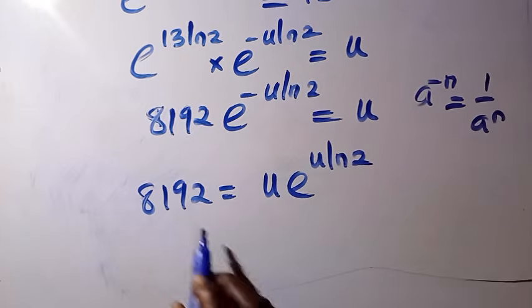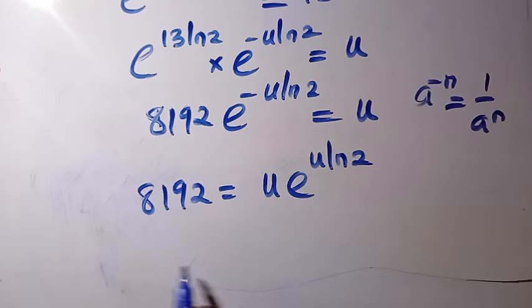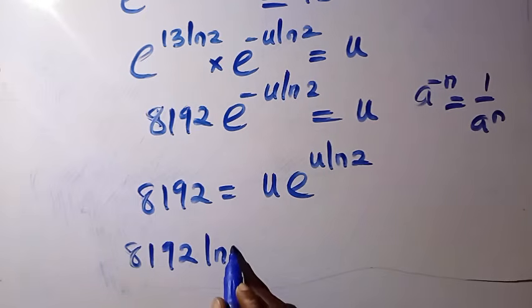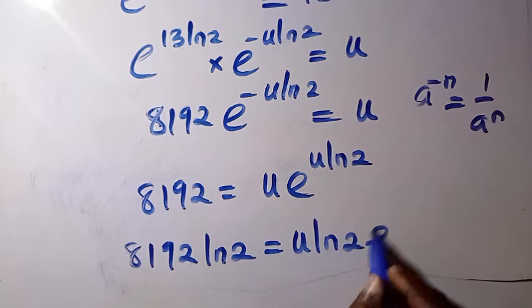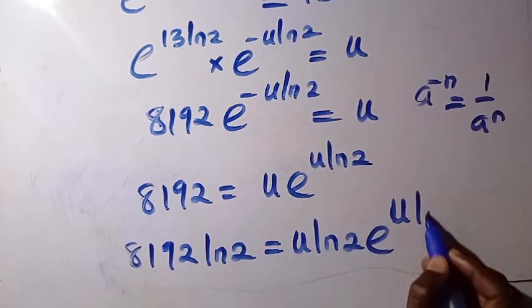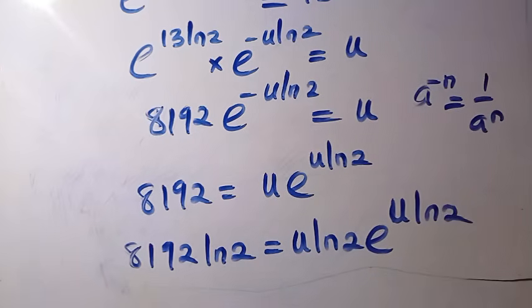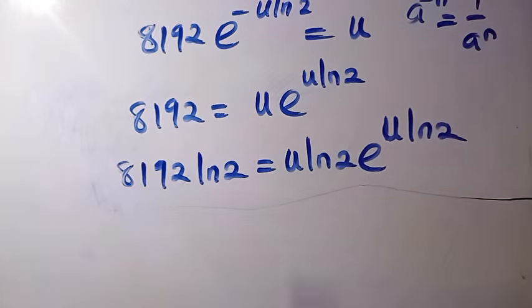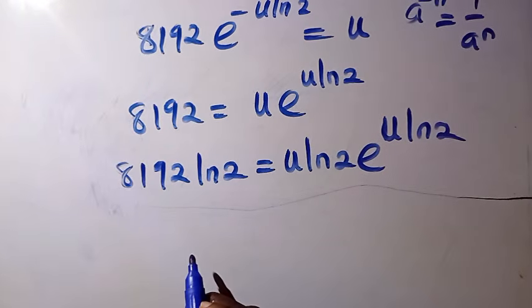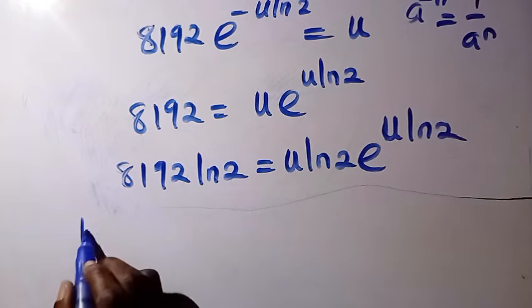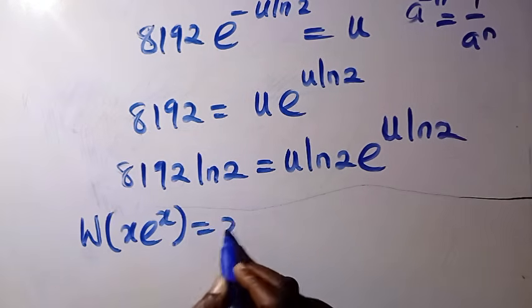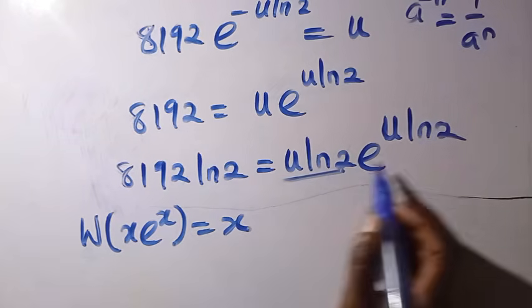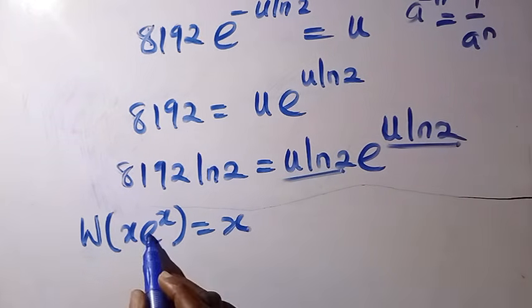On getting this, suppose I multiply through by ln 2, we have 8192 ln 2 = u ln 2 e^(u ln 2). And this already looks like what I need, because the omega function satisfies W(x) e^(W(x)) = x. This is u ln 2, this is u ln 2, and this is the exponential.